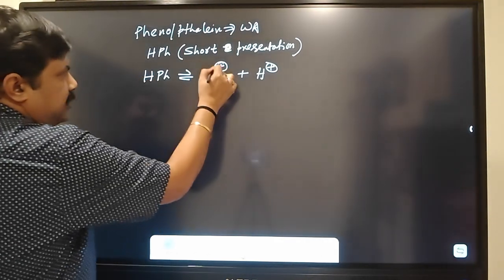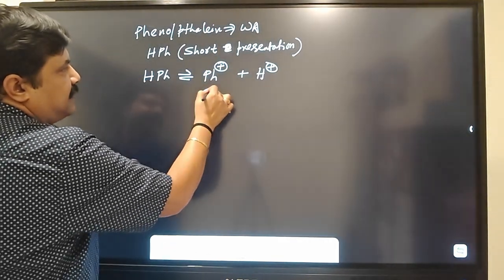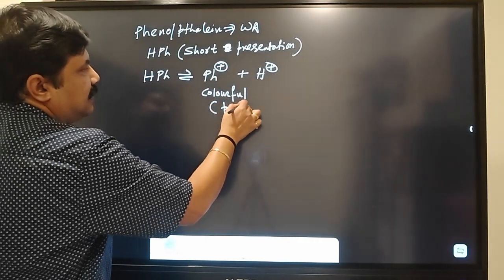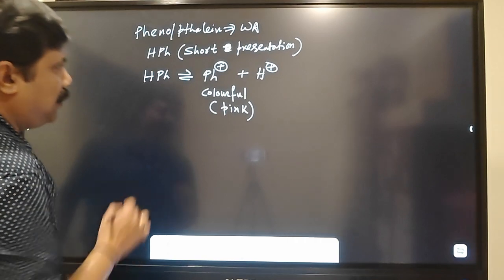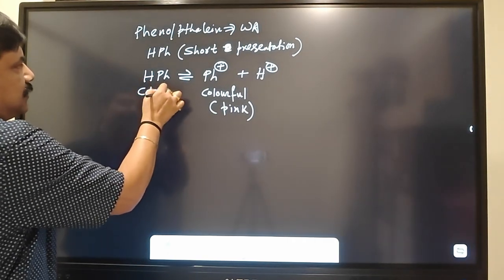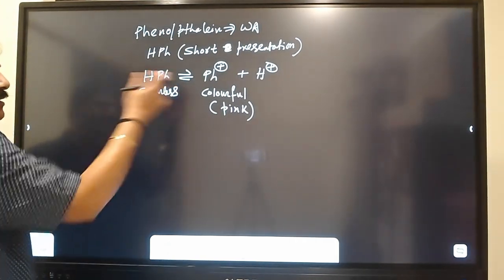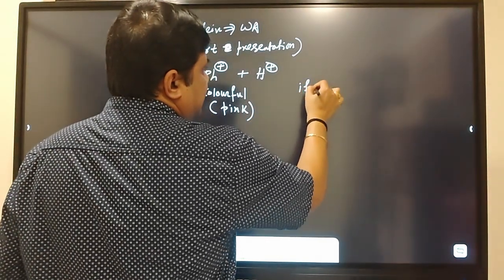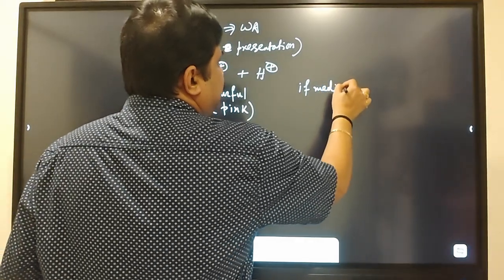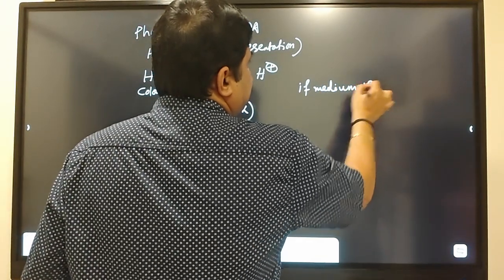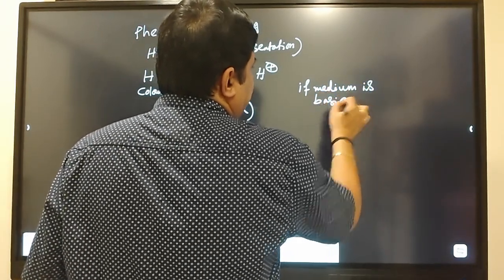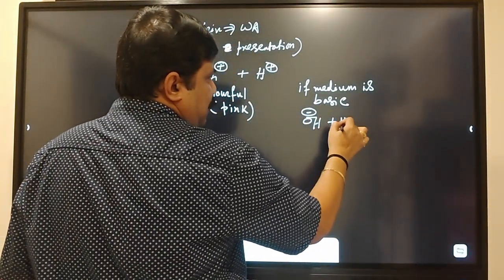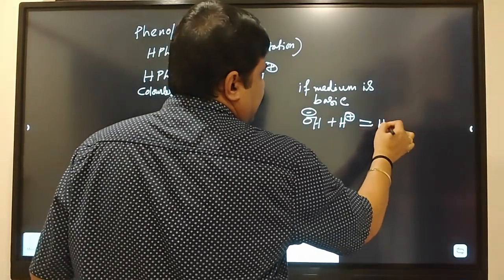Now the form without the H plus of phenolphthalein is colorful, and this color is pink, and the protonated form is colorless phenolphthalein. Now if the medium is basic, then what will happen? Then OH minus will be there more. That OH minus will react with H plus and it will form H2O.